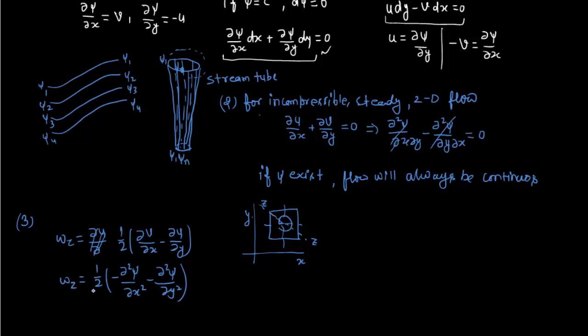Let's suppose omega z is 0. In this case del 2 psi by del x square plus del 2 psi by del y square will be equal to 0. Negative sign, so we are simply multiplying by the negative sign here.